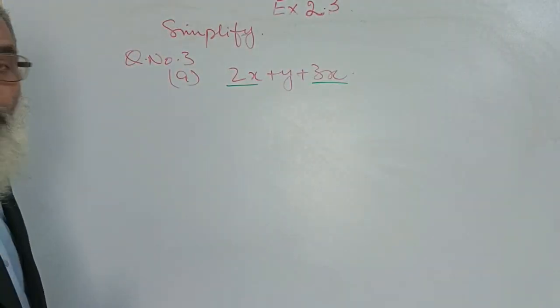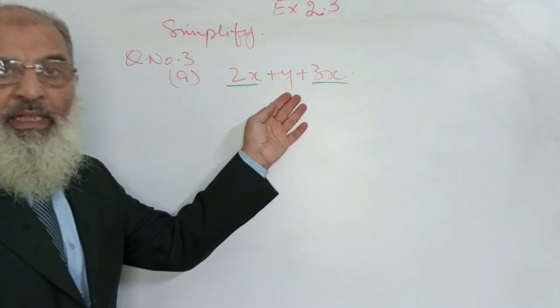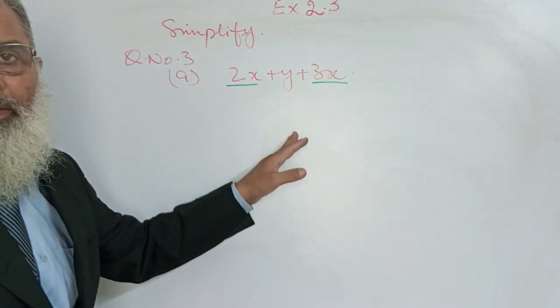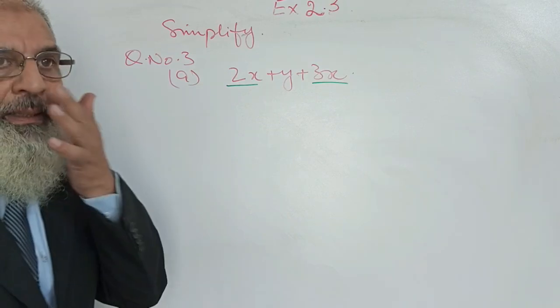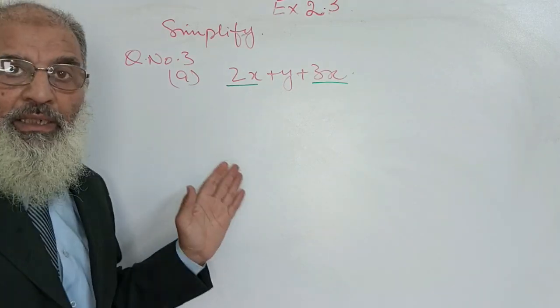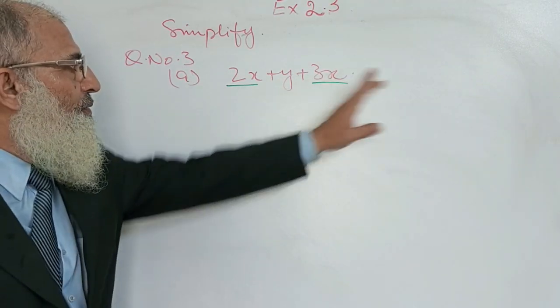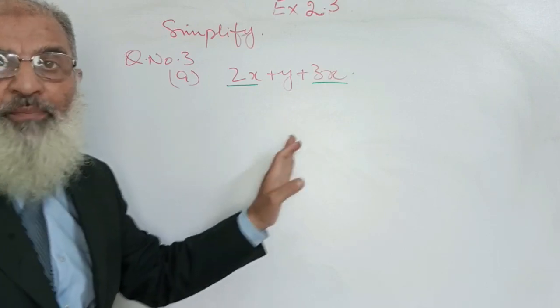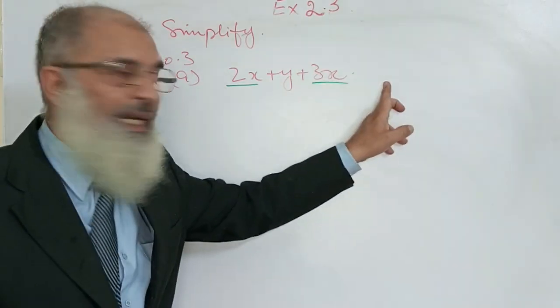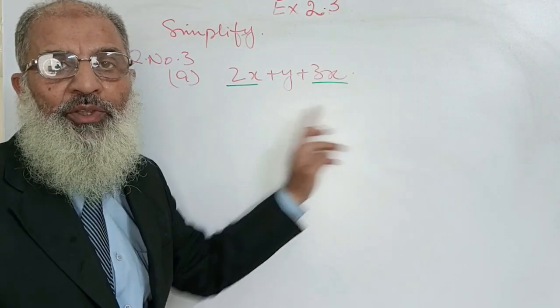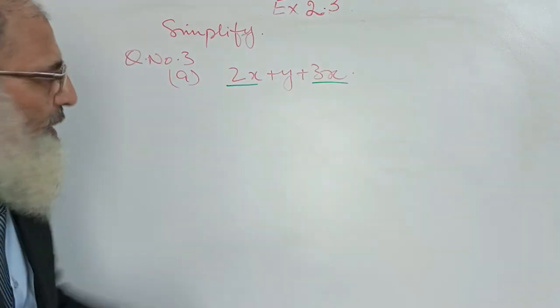Now as I told you, any other variable which is single alone, or has any other y over here, we add separately: y with y, z with z, and whatsoever it is.